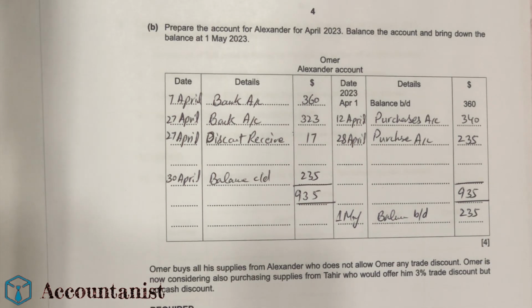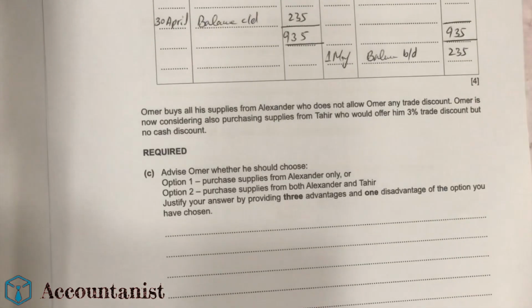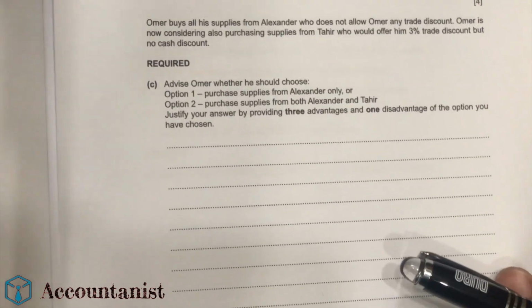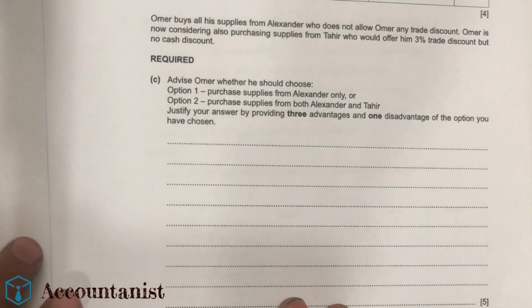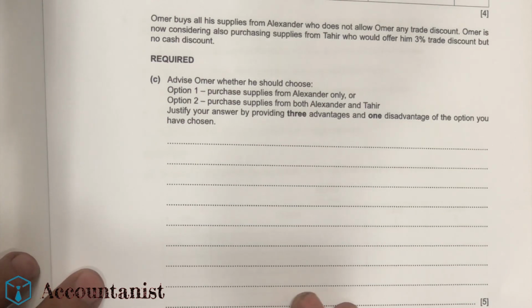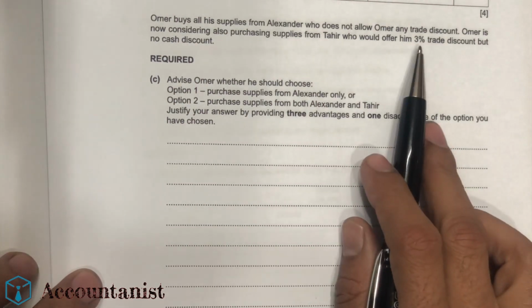Moving on to the next requirement that we have here, it says that Umar buys his supplies from Alexander, who does not allow Umar any trade discount.